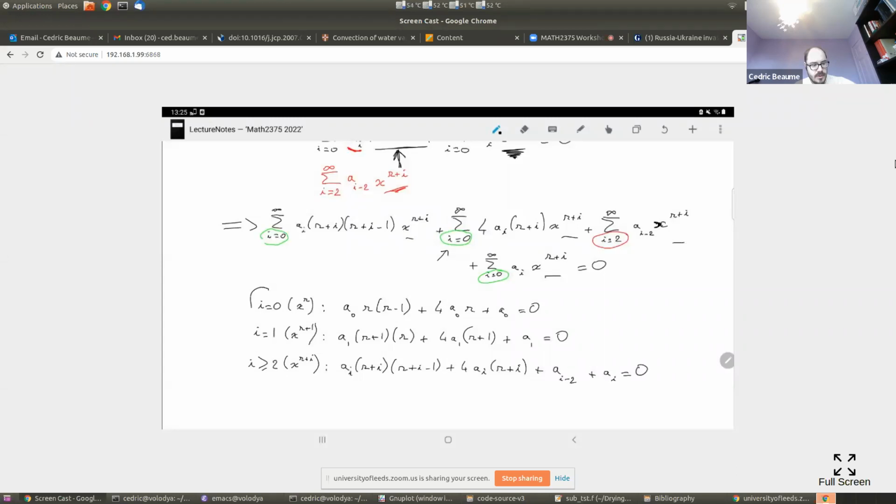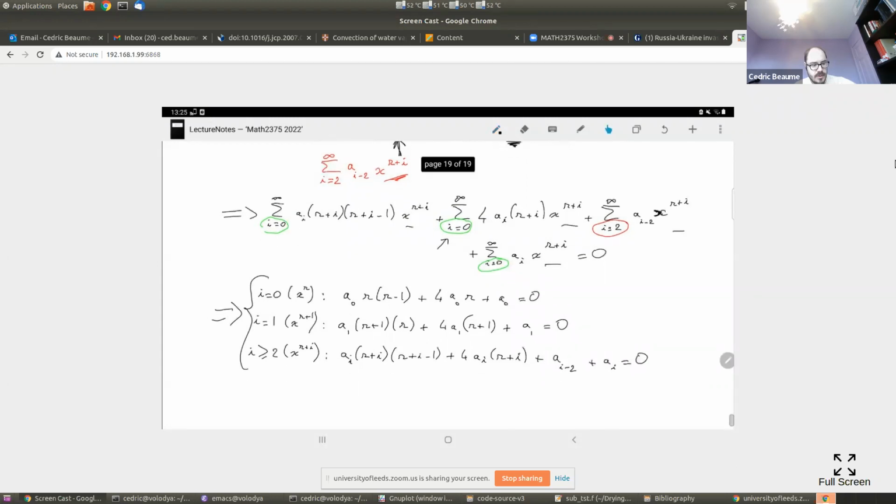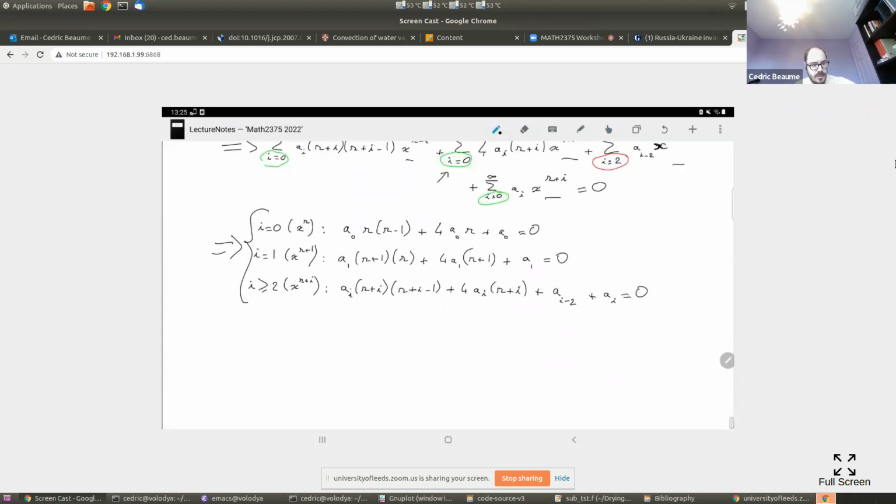So what we get out of this calculation, out of plugging that Frobenius series into our equation, is this set of three equations. Now, if you look at the first of these equations, which is this one, I'll call this equation 1.